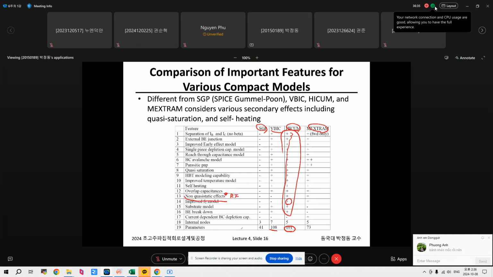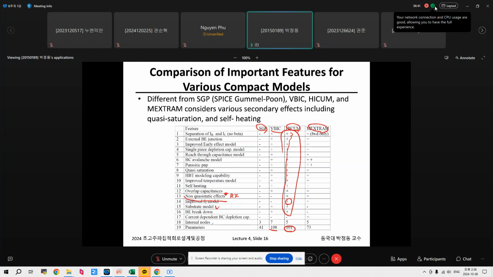We also need to consider the substrate leakage and base emitter breakdown for power amplifier design and for the noise model. That's why we use HICUM. However, HICUM does not consider the current dependent base to collector depletion capacitance, which is one of the nonlinearity factors in power amplifier design.